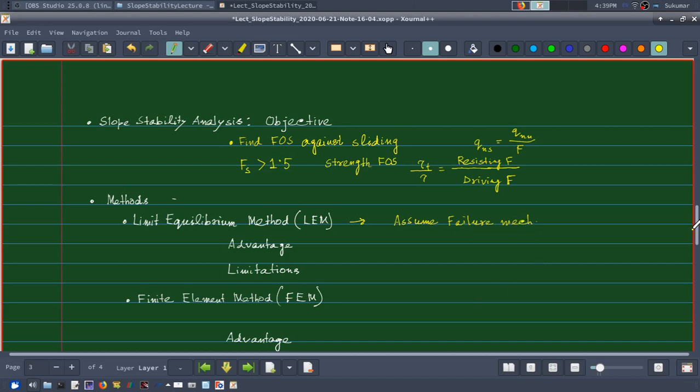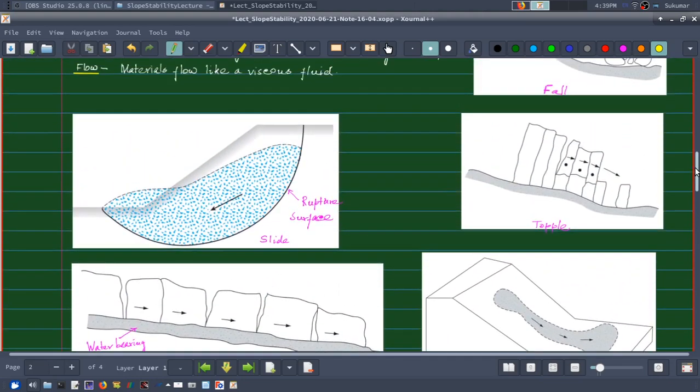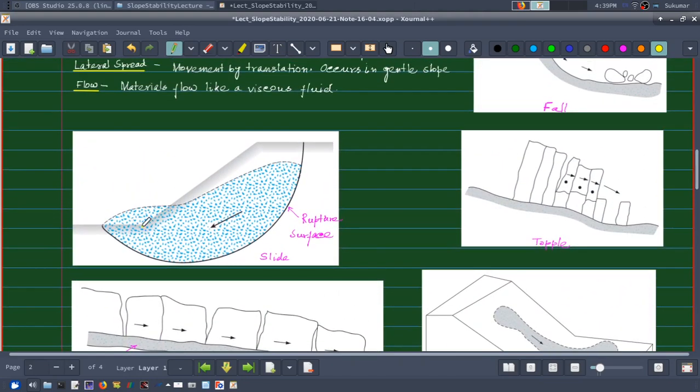For example, suppose I want to do a slope stability analysis. This is one possible rupture surface, and I may take another possible rupture surface. Maybe in some case this rupture surface will give me a lower factor of safety. Only the top of the slope may fail, or sometimes there is a base failure, or I may have a failure surface somewhat like this.